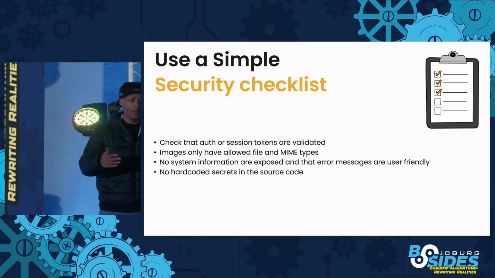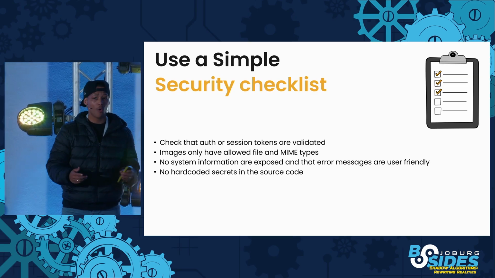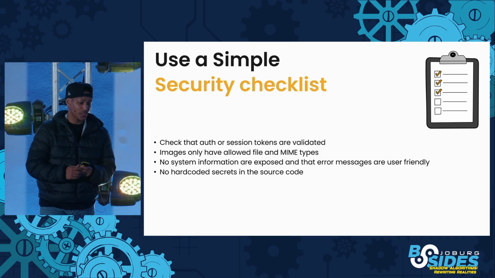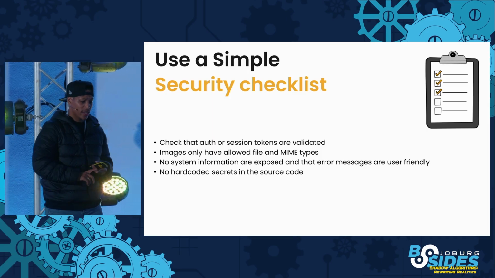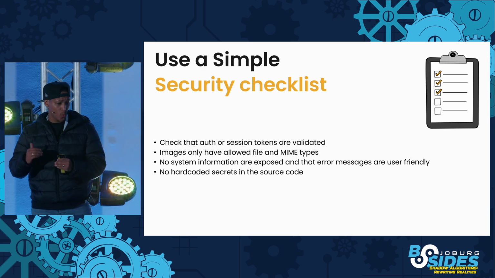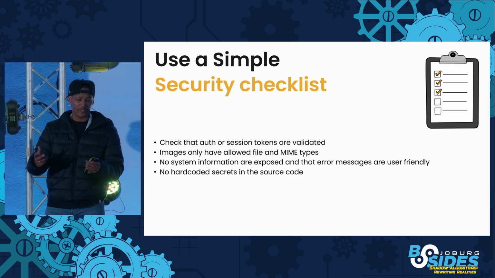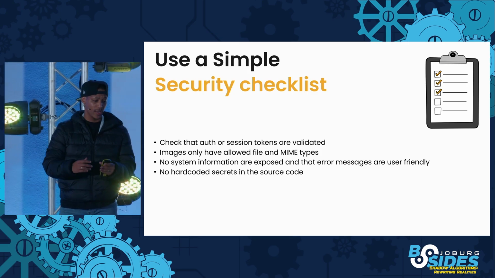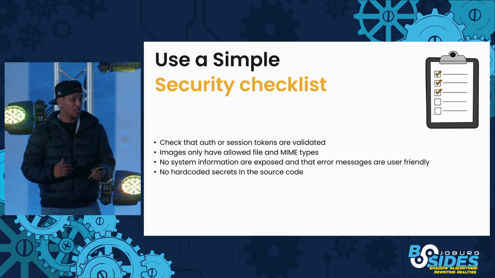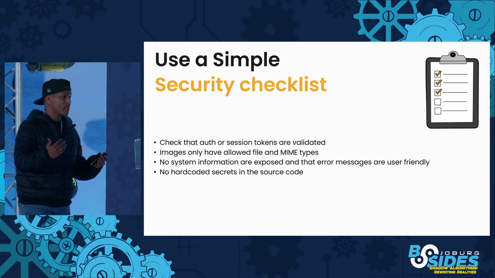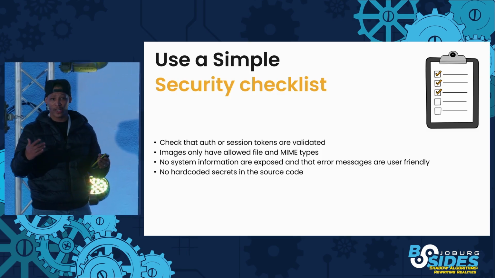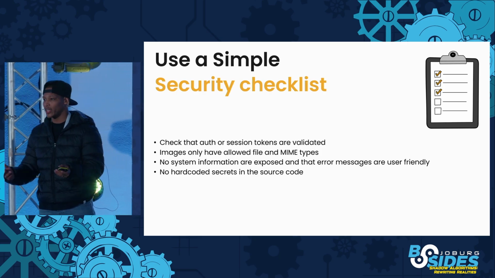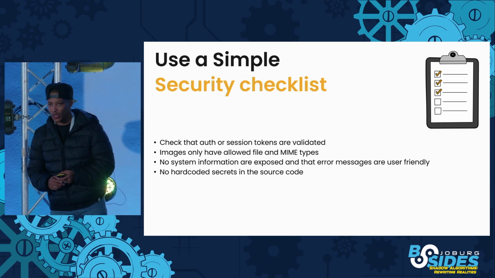The checklist can be added in your pull request template or in your release ticket, where you can ask a couple of questions, such as: did we check that the auth as well as the session tokens were validated, that the image file as well as the MIME type were validated, and that we have no system information exposed in the error messages that we have. Are they user-friendly so that they don't expose any system information, and also is there no hard-coded secrets within our source code.